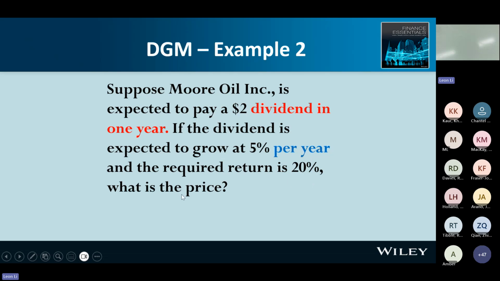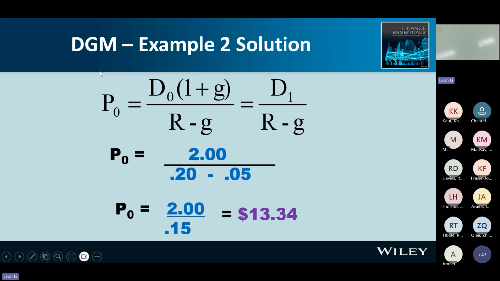What is the price of the share? The share price. So again, we apply our DGM model. P0 is D1 over R minus G. D1, $2. Required return, 20%. Dividend growth rate, 5%. So altogether, this is our share price. 8.